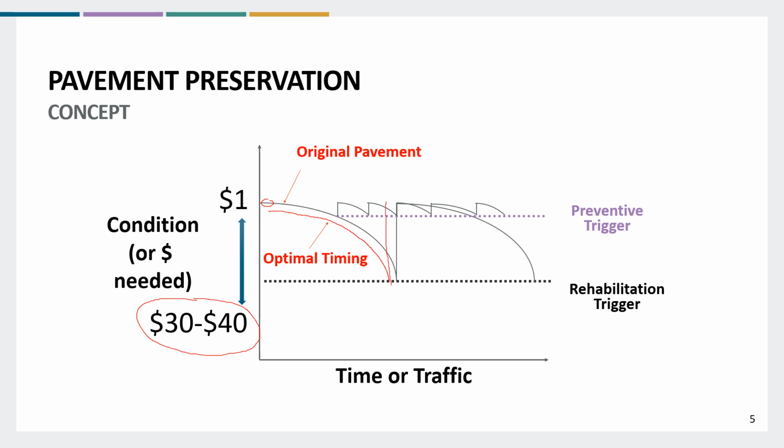With pavement preservation, as that road starts to deteriorate, you hit it before it hits that preventative trigger, which is usually around the 60 to 55 PCI range. Spending cents and dollars on treatments like fog seals, chip seals, and slurries to bring that road back up and extend the life of the pavement.